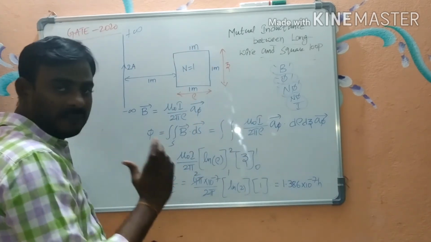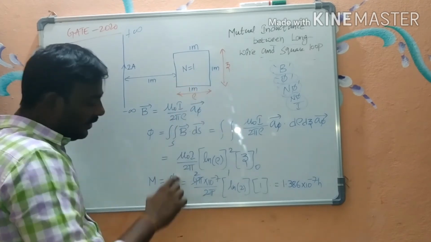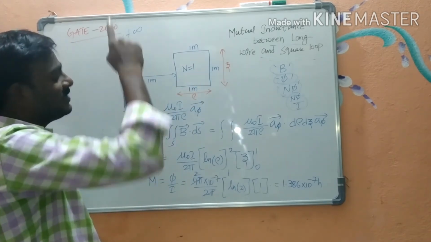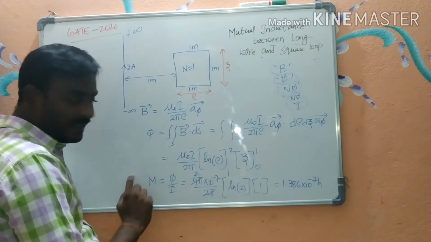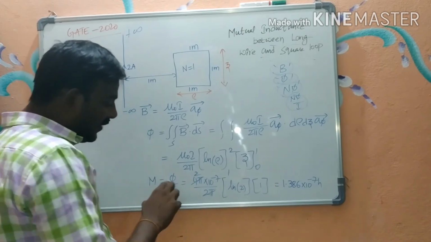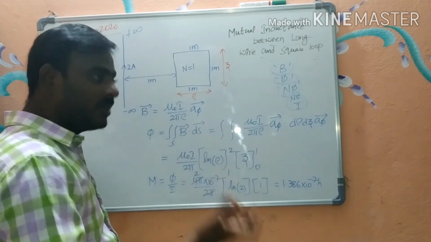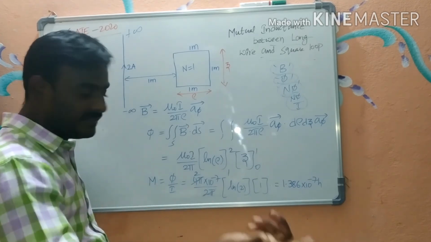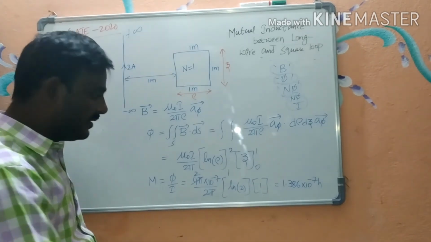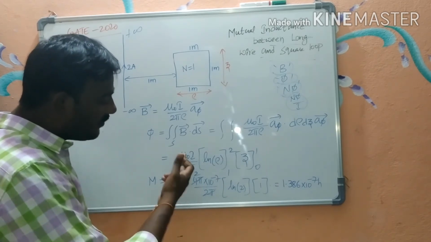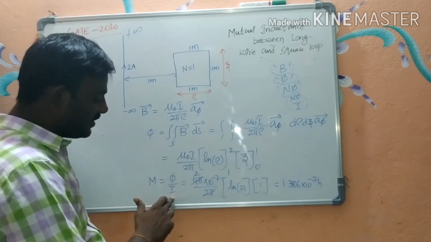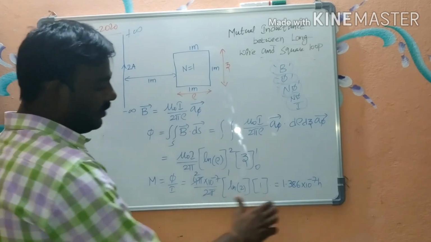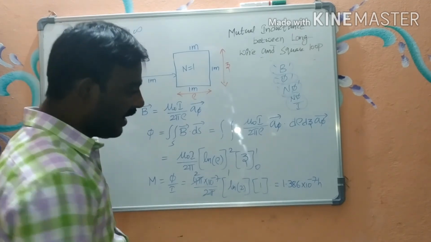By taking the ratio of the flux linking the conducting loop to the current flowing through this conductor, we get the mutual inductance. If the flux and the current are related to the same conductor, it is treated as self-inductance. Otherwise, it is a mutual inductance. Now, by substituting the mu naught value and sending I to this side, you can simplify it like this.